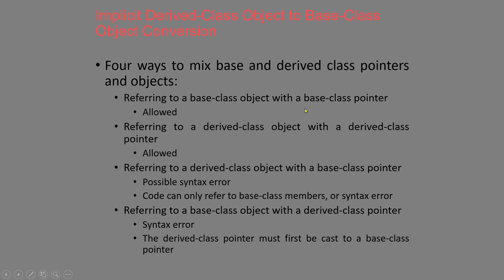Referring to a derived class object with a base class pointer may possibly give you a syntax error. Referring to a base class object with a derived class pointer will give you a syntax error, because this has more functionality than the first one.